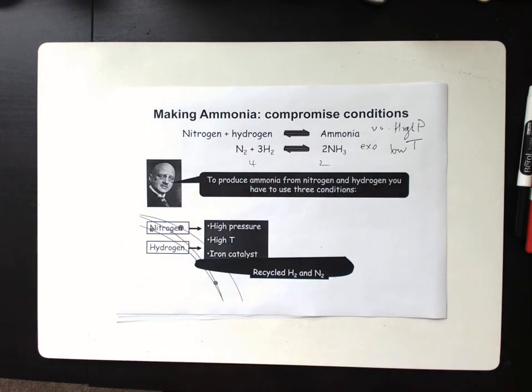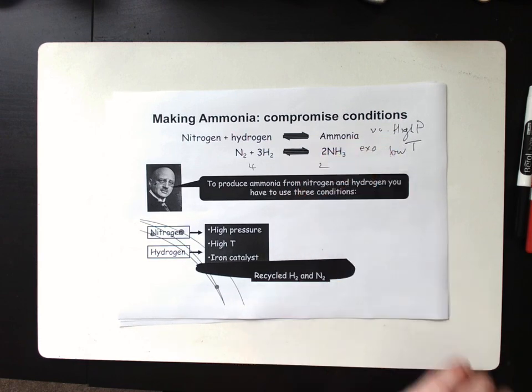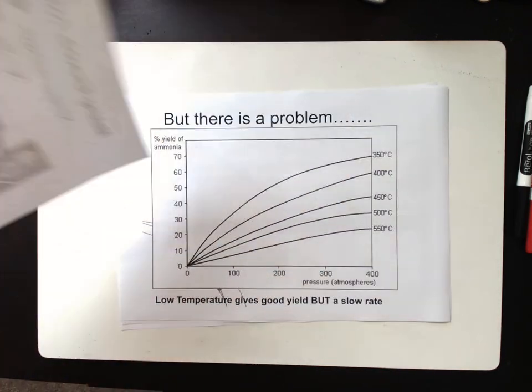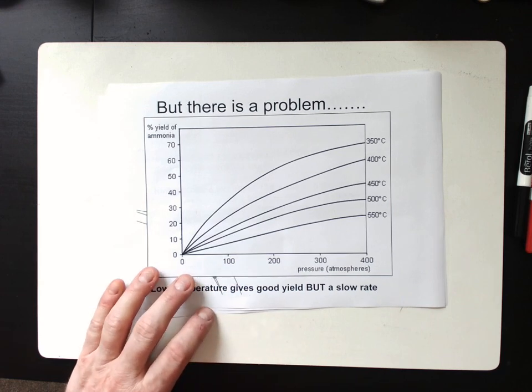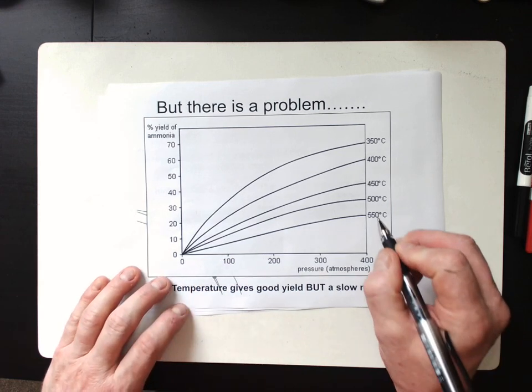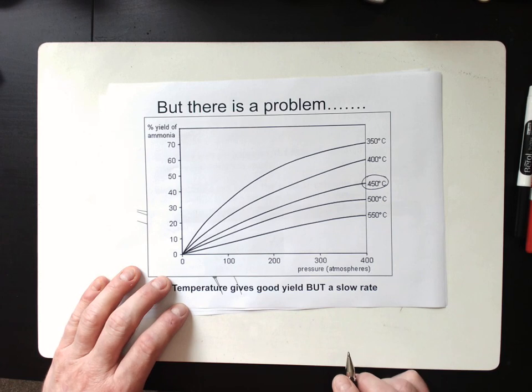So why do we use these conditions if in actual fact these conditions will give us our best possible product? Well, if we look at the graph here, the temperature that this runs at is about 450 degrees Celsius.